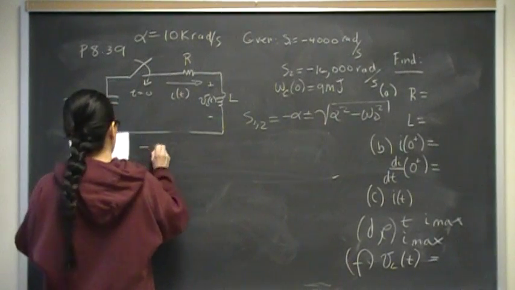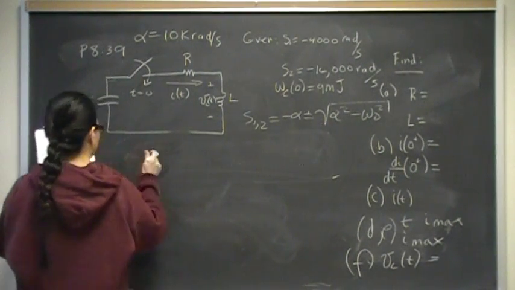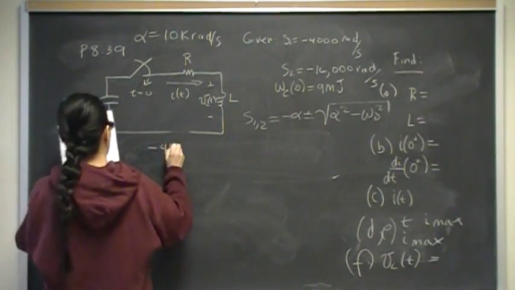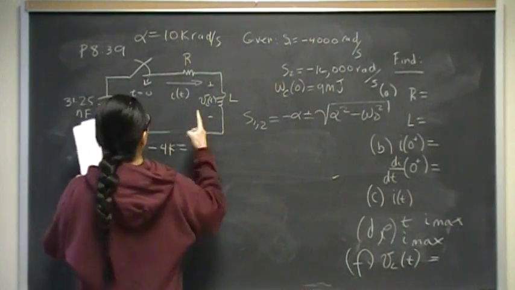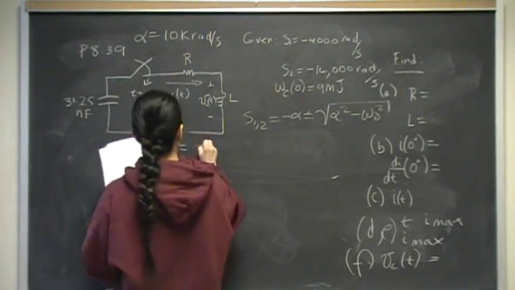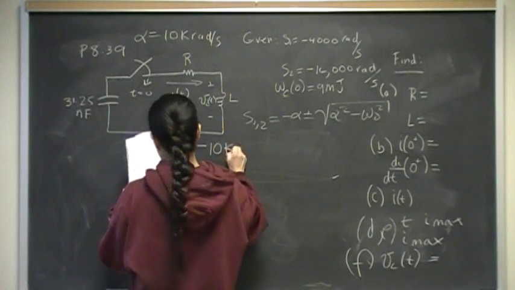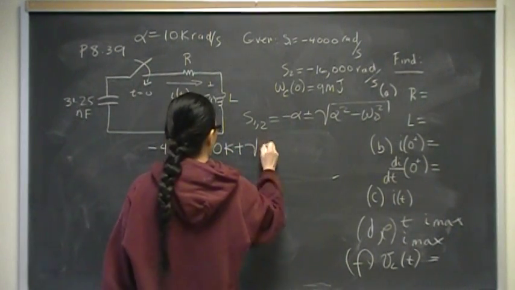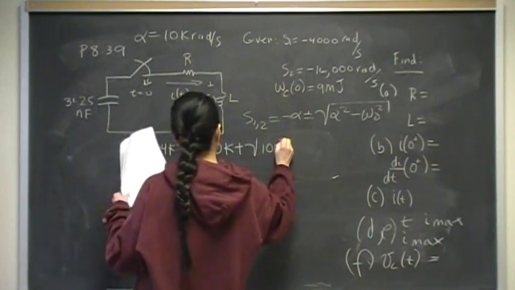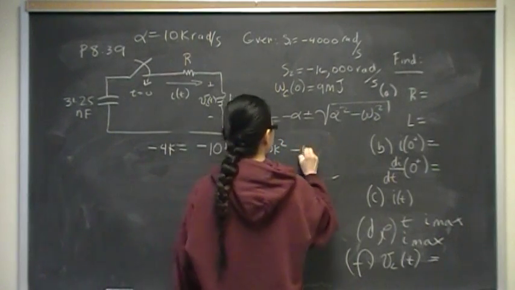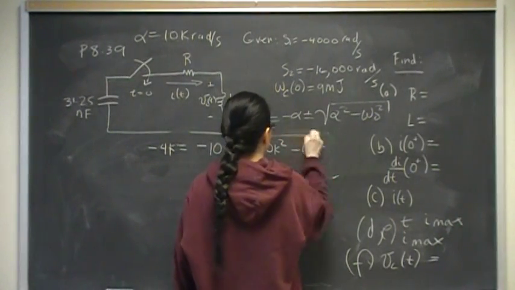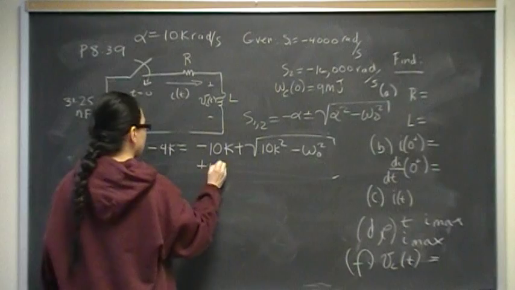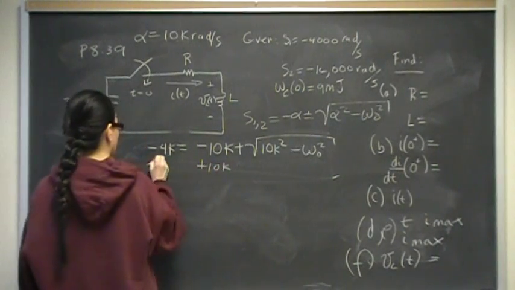So I have negative 4k, and that's equal to, I found out that that's 10k, so I'll have a negative 10k plus the square root of 10k squared minus omega naught squared. So we add 10k to both sides.